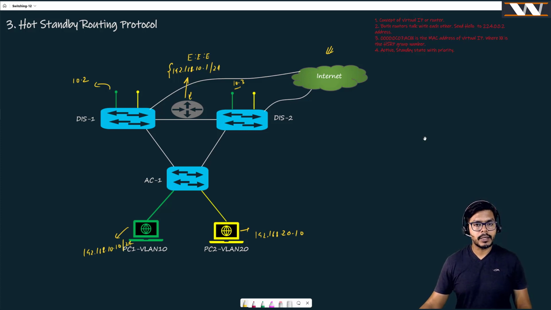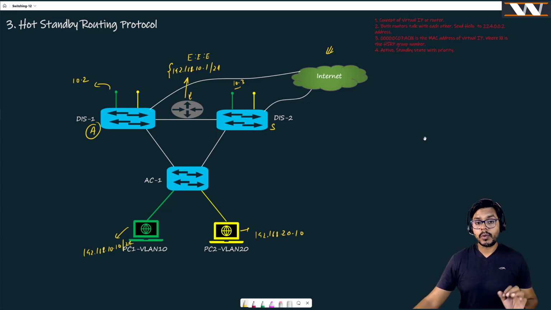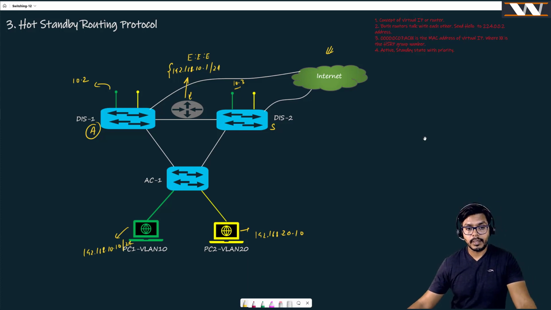Suppose right now this guy is active and this guy is standby. Let's consider this case, because we now understand switching very well. So let's think from the perspective of AC1. Suppose this is my interface 0/2, and this is my interface 0/3.